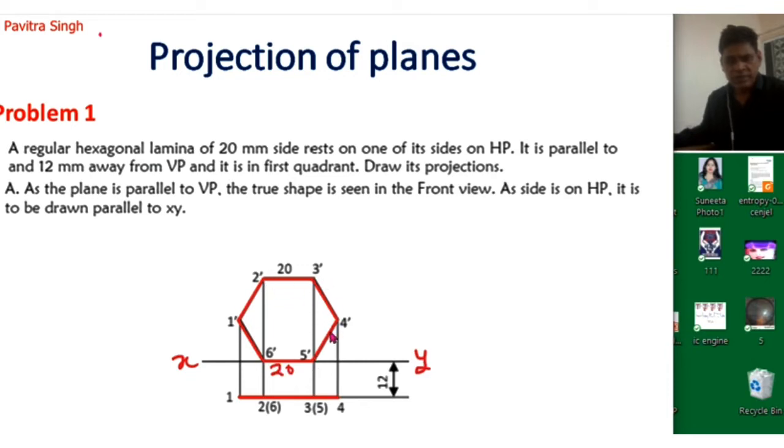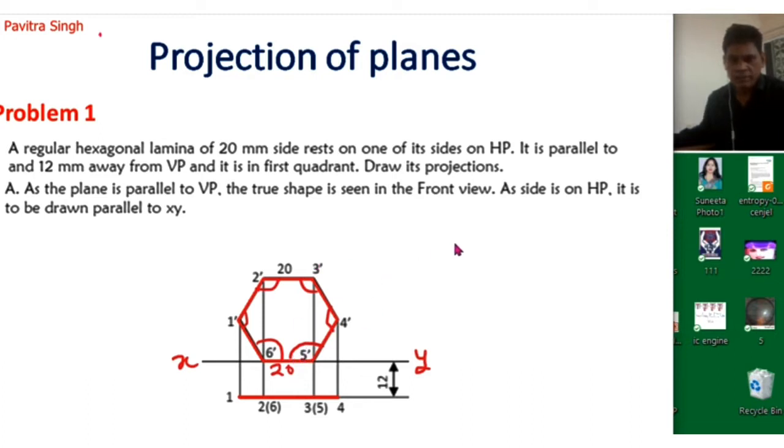Now we will construct this hexagonal plane. We need this angle, this angle, this angle, this angle, and this. To construct this hexagonal lamina, we need its side and angle. All sides are equal because it is a regular hexagonal lamina, and all angles will be the same.